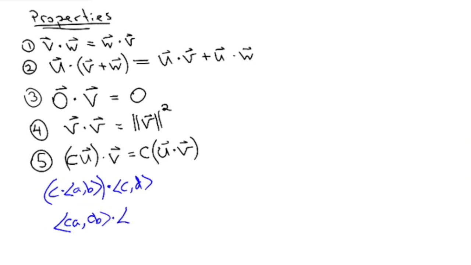Oh, I shouldn't have used c. I have c in two places. Let's call that phi. Phi is just a scalar.